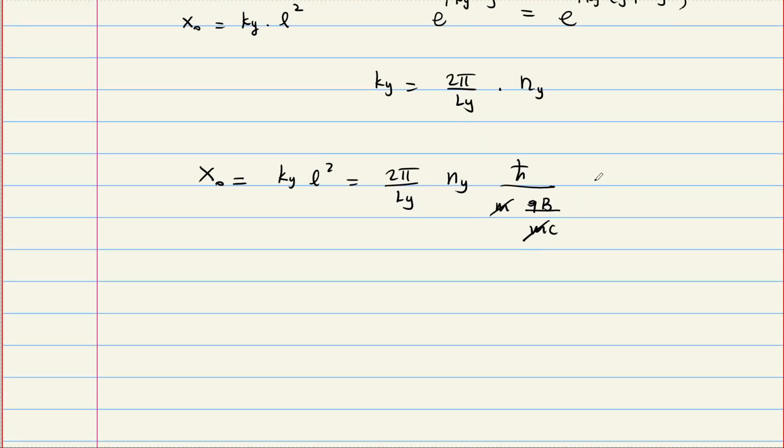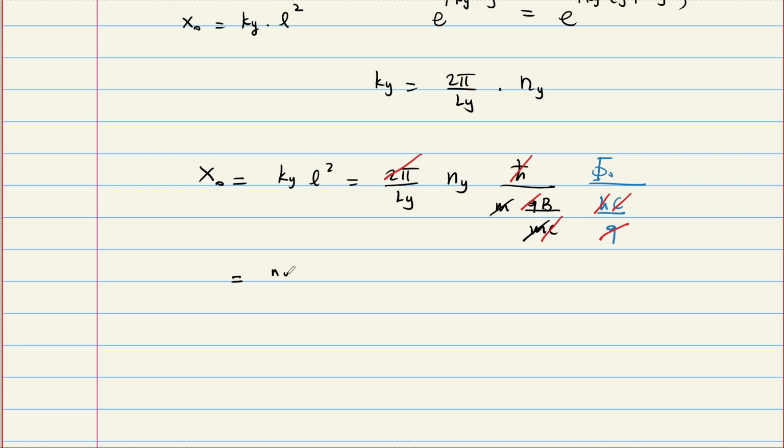Let me multiply with flux phi naught and divide by flux, and phi naught is hc over q. Then this q cancels this one, this h bar, 2 pi cancels this one, this c cancels this one, and at the end there's nothing, basically.